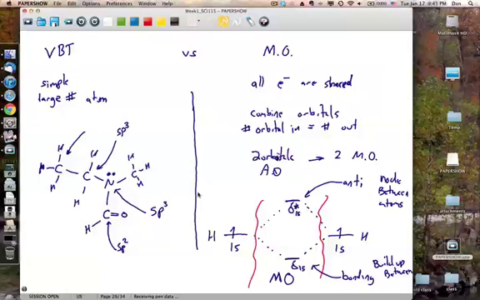Now these are denoted as sigma orbitals because the bulk of the electron density that builds up takes place directly within the bonding plane. So we're bringing these two atoms together like this, and we see a buildup of electron density between them. There's another type where we still see buildup of electron density, but it's not within the bonding plane.